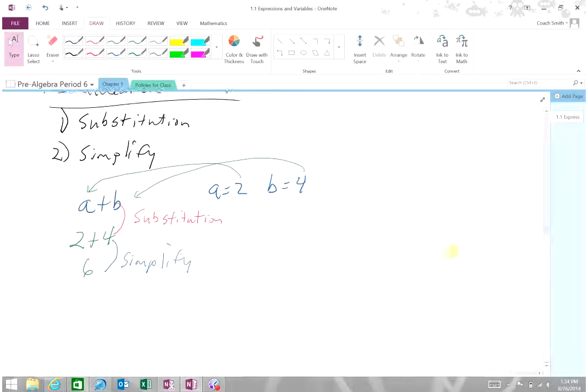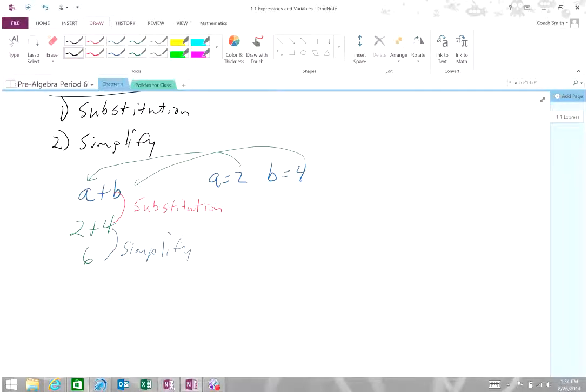Okay, let me give you an example of why it's not the answer all the time. I could have this problem right here, 3 times x plus 4. Okay, if I simplify that, the simplified answer of that is 3x plus 12. Okay, that's it. I can't go any further. That's my answer. Okay, so that's simplified. So, simplified does not mean that you have to have one number left and nothing else.